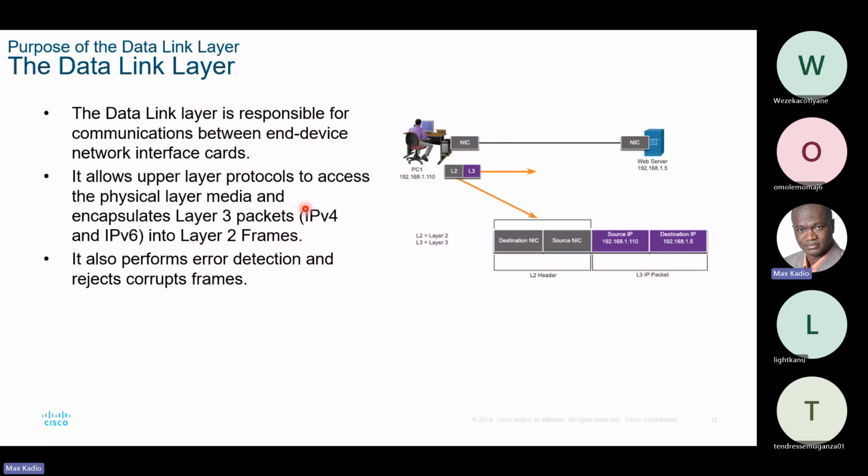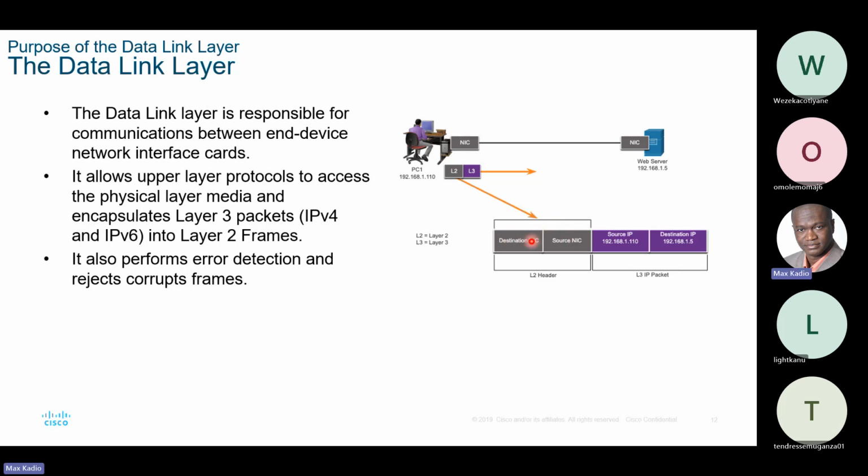If you want to send a message to a server, while your packets are traveling, if we grab one and open it, we'll see two sections: the IP address for layer 3 and the MAC address for layer 2.